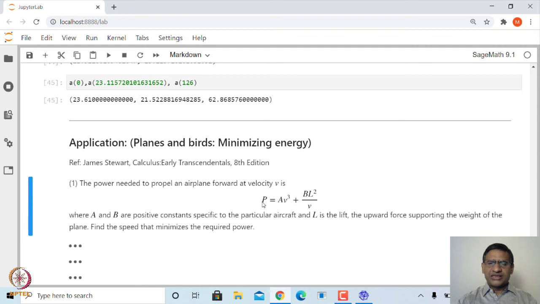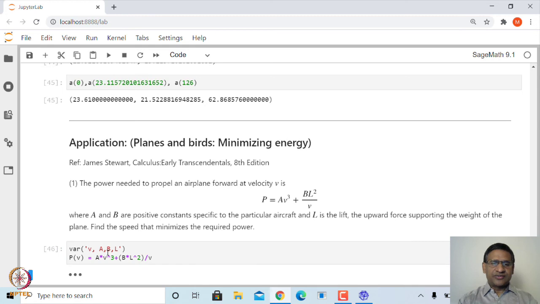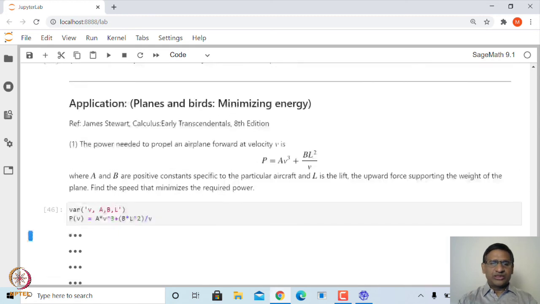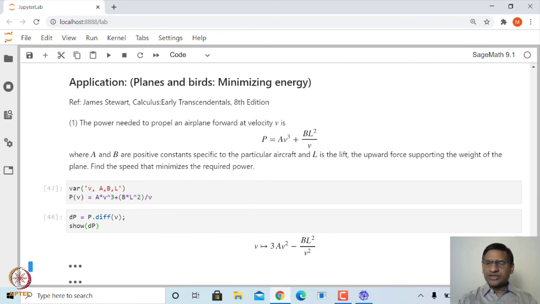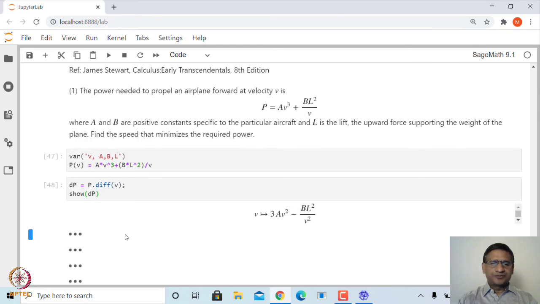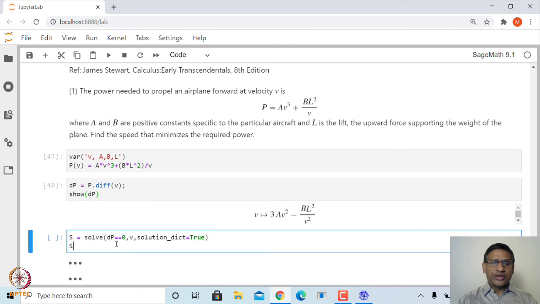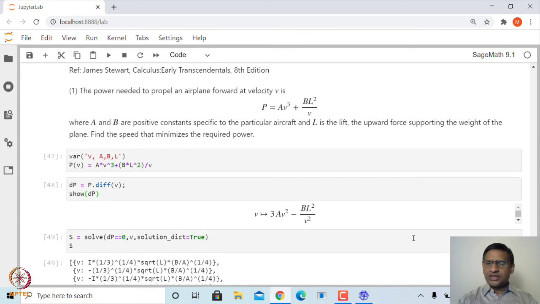So, you have to minimize p with respect to v. Let us define all these variables a, b, L and v, and define this power function as a function of v, and then let us find the derivative. The derivative of this looks like this, and then we set the derivative equal to 0 and solve for v.